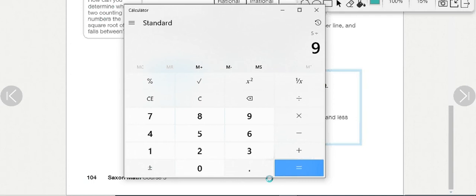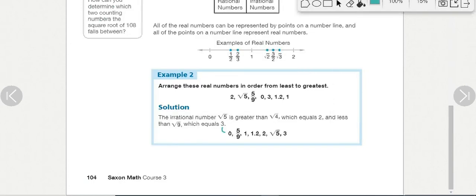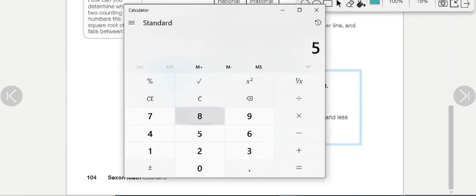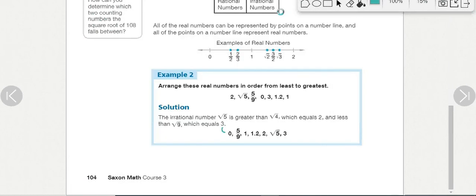Keep in mind that that comes out to a decimal of just a little over a half. And then I would do the other ones, like square root of 5. You can just use a calculator to figure out the order of these. Square root of 5 is 2.23. So that one's going to be way up here. That's over 2, less than 3, which is the biggest, but more than 2, and the rest are pretty simple here. That's how I would do that.